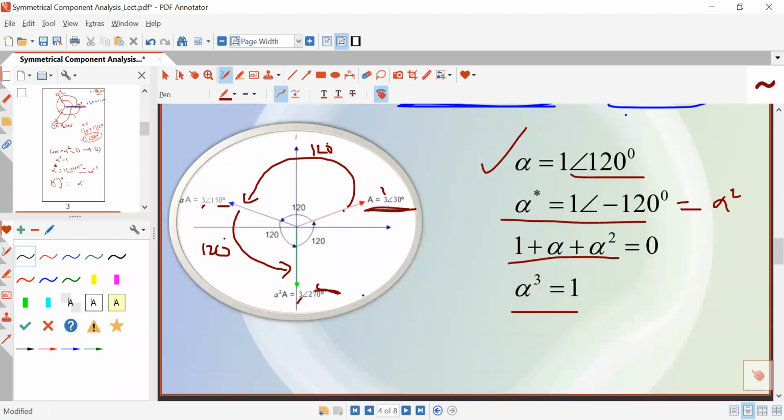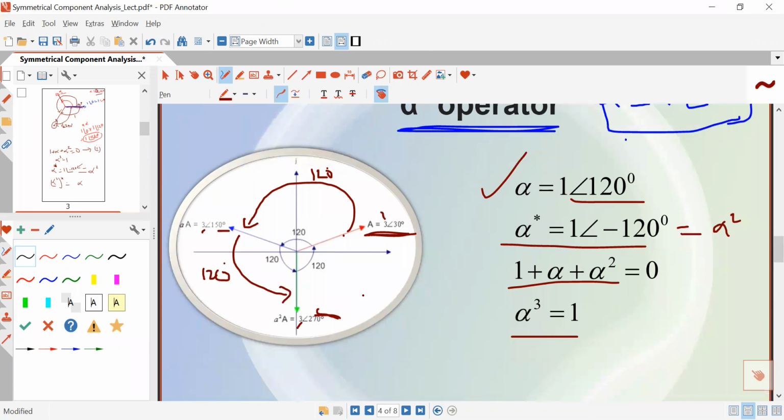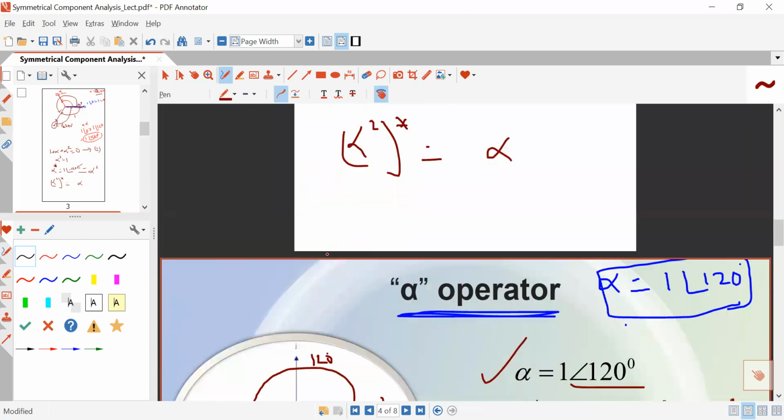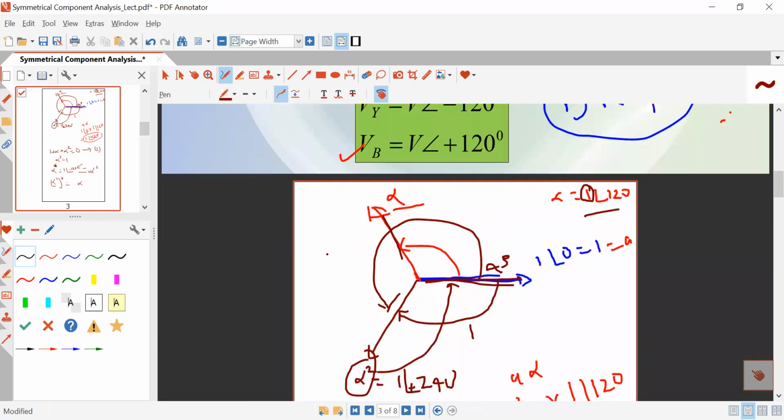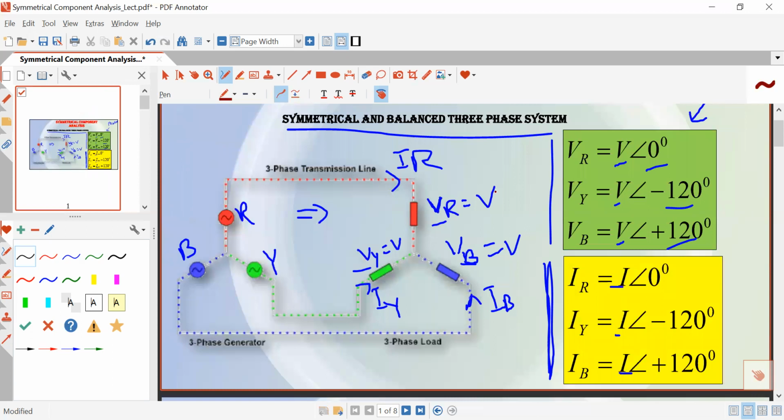So you must go through the previous video in which I have clearly discussed balanced system, unbalanced system, symmetrical system and unsymmetrical system. And in the previous lecture I have discussed if the system is symmetrical and balanced, then you can do analysis on per phase basis.